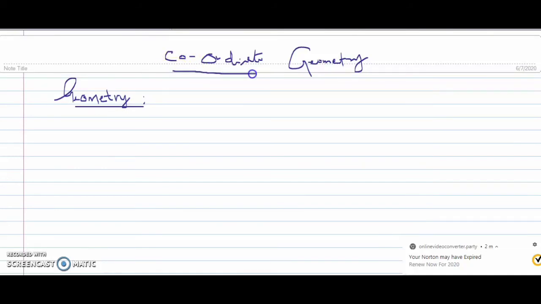Good morning. Today, let us start a new chapter which is coordinate geometry. So, before discussing coordinate geometry, let's discuss what geometry is. Geometry is a branch of mathematics which deals with shapes.